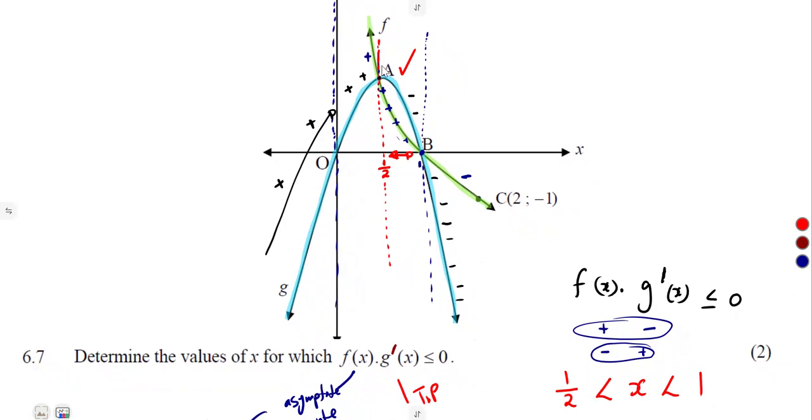Yes, we can say it is equal to half because half is not an asymptote, so it can be greater than or equal to half. What about 1? 1 is not an asymptote, so yes, it can be less than or equal to 1. So this will be our final solution, where f of x times the derivative of g of x is less than or equal to 0. So this is how we answer these questions.